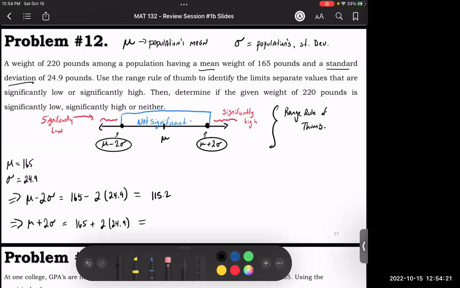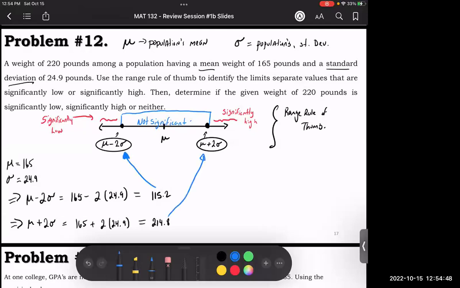So that would be this value here. And let's look at the other one. What's 165 plus 2 times 24.9? It's 214.8. So that value goes there.